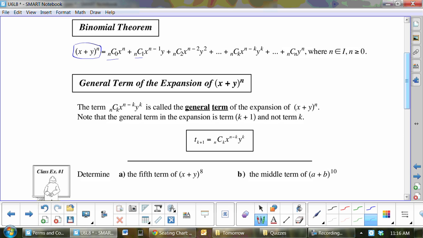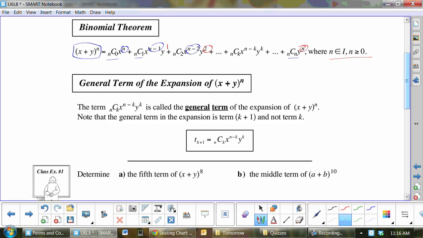And do you see that these get counted down all the way to 0, and the y's get counted up all the way to n. Okay? Now, n must be an integer, and it's got to be greater than 0.